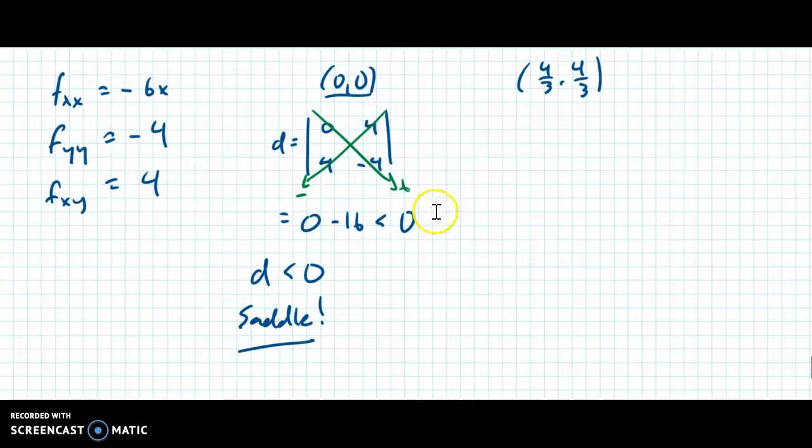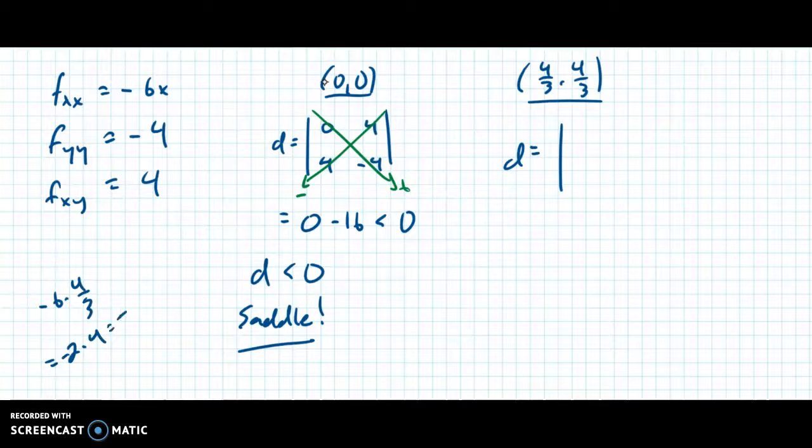Okay, and now let's do it at 4/3. So D is equal to bars. I've got to plug in 4/3 to this mess. It's actually not that bad, because what's negative 6 times 4 over 3? That's negative 2 times 4, which is negative 8, correct? Good job. I just plugged in x equals 4/3 to this, and these just get carried in.